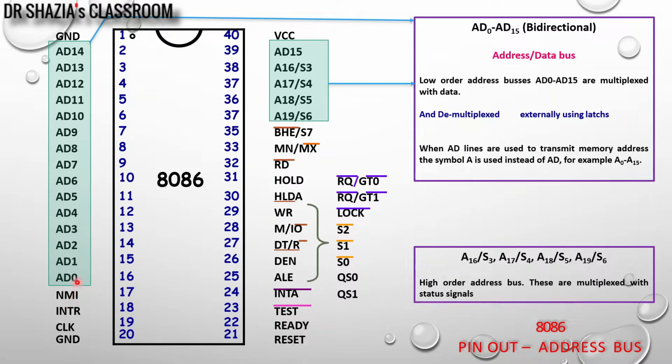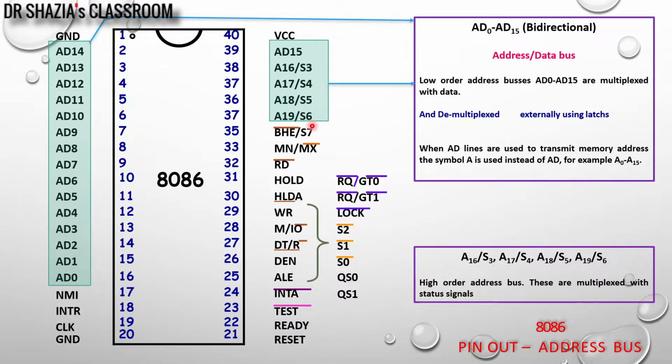So to reduce the number of pins, the signals which do not occur at the same point of time can be multiplexed. In this case, you can see the address bus is multiplexed with the data bus and a few status signals.